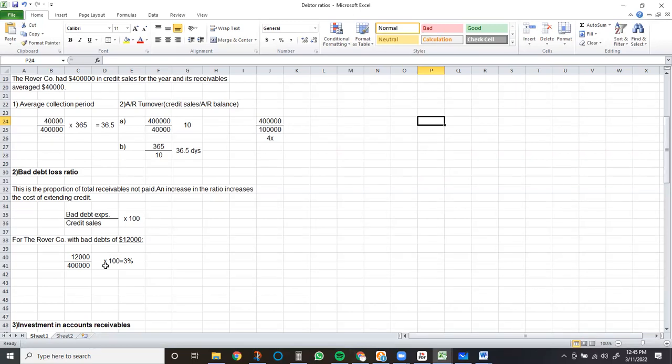But what we can say though is that let us assume that it was 3% right now, the bad debt loss ratio, and then it goes to 6% with the relaxation of the credit. But the total sales goes up to 800,000 or whatever, it doubles.